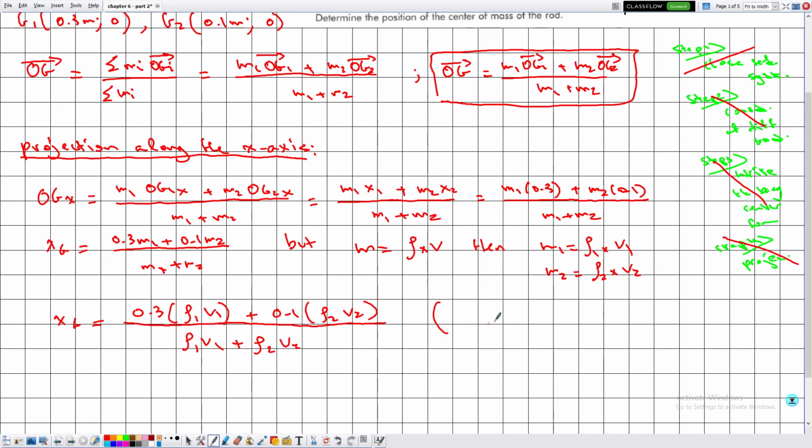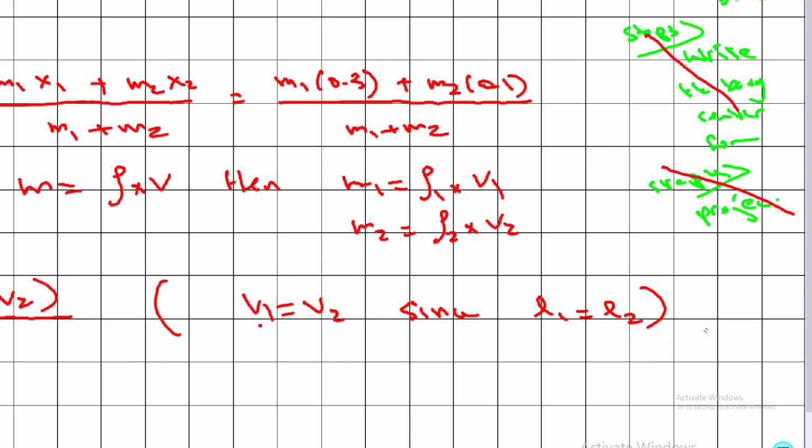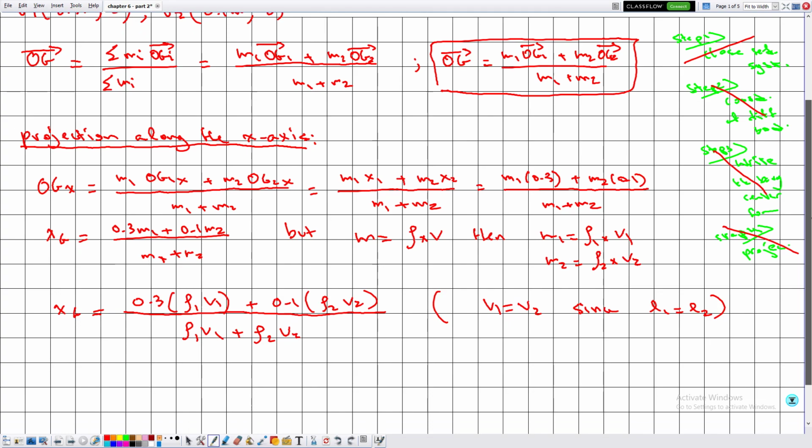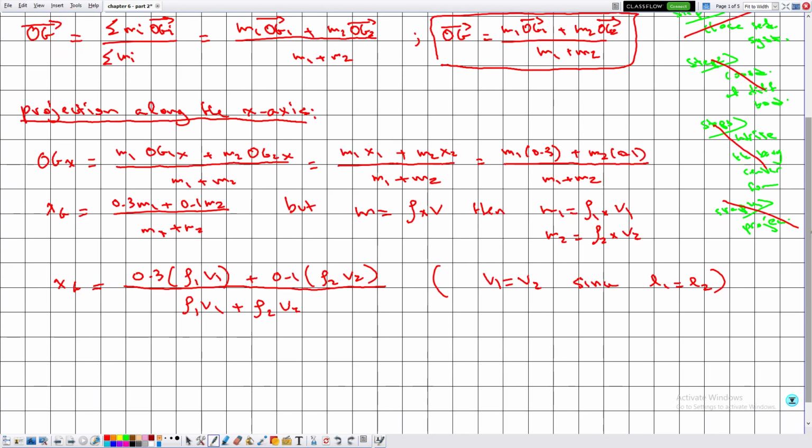So let me here say between brackets that V1 is equal to V2 since L1 is equal to L2, because the volume is related to the length, and here we are not specifying the width and the height, because we know that for a rectangular shape the volume is equal to length times width times height. Since they didn't specify anything about the width and the height, we consider that they are equal.